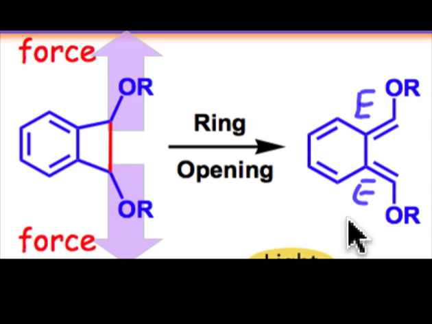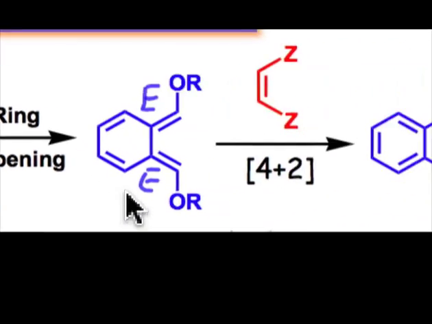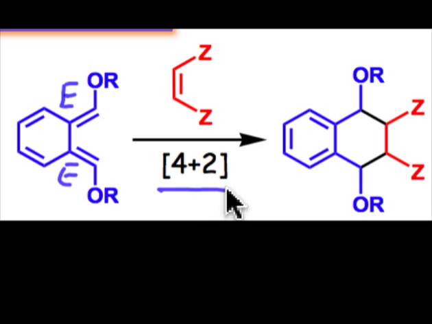The way we proved that was to trap this intermediate with a 4+2 cycloaddition reaction. Now we know that 4+2 reactions undergo their chemistry with stereospecificity, and so the diene geometry is going to be reflected in the stereochemistry of the product at these two positions. And that way we proved that both the cis and the trans isomer of our cyclobutene generated the EE intermediate.